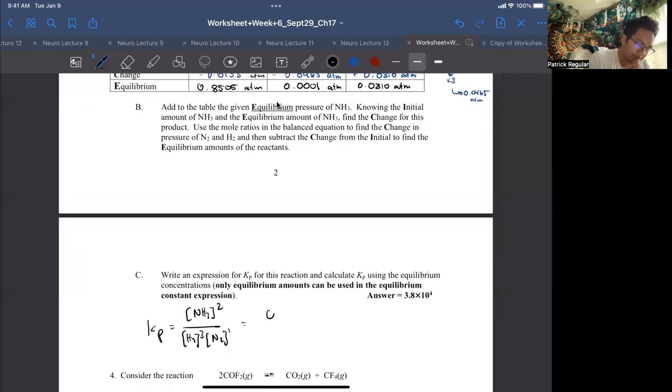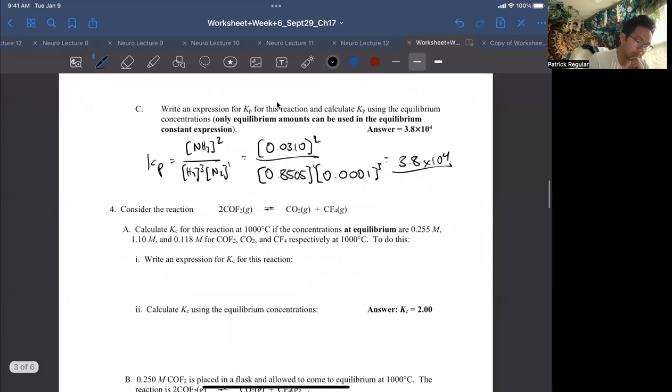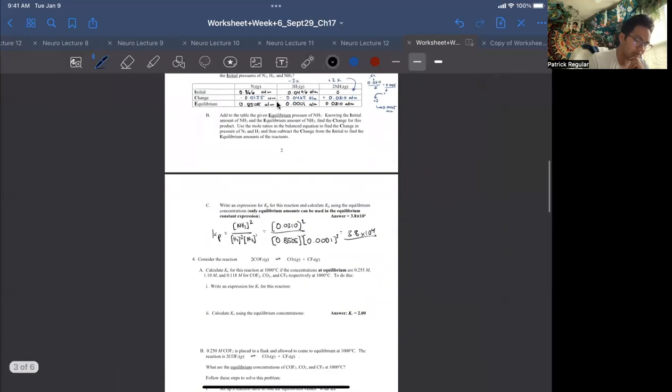It's going to be 0.0310 squared, 0.8505 to the 1 power, 0.0001 to the third power. Should be 3.8 times 10 to the 4.